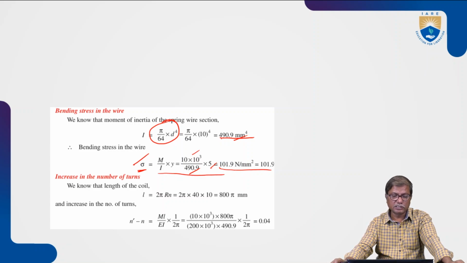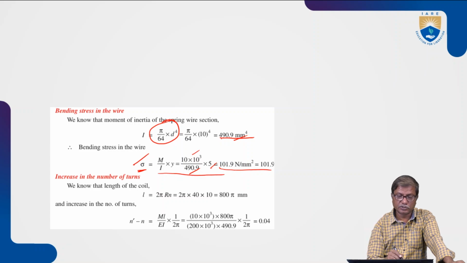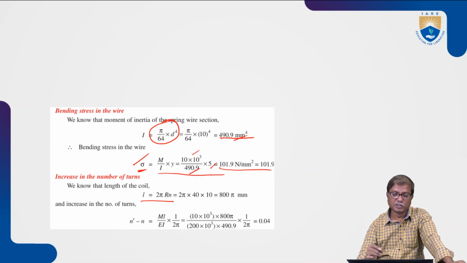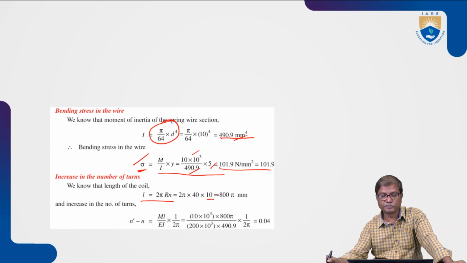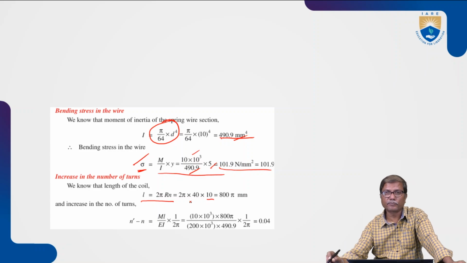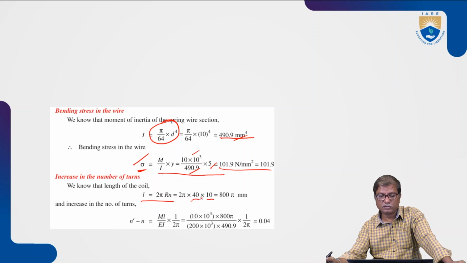And increase in the number of turns. The length of spring wire is given as 2 pi r n, because initially the number of turns is 10 and the mean radius is 40. You will get the length of the wire.